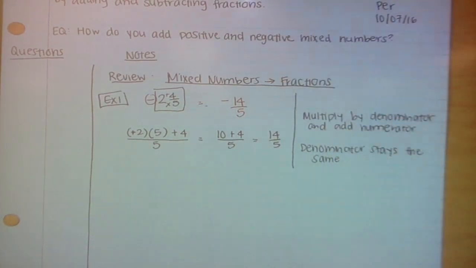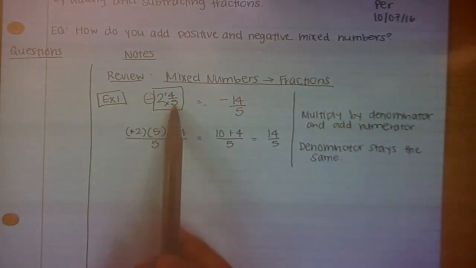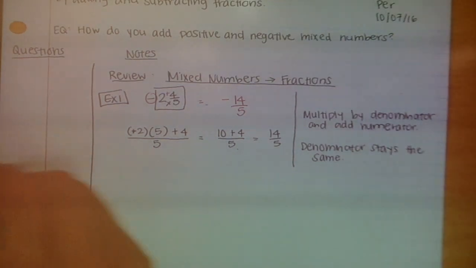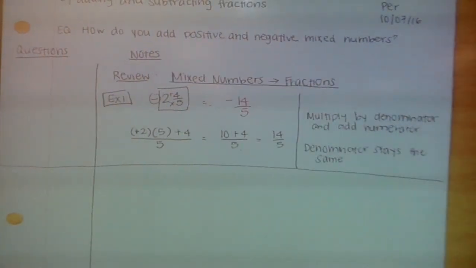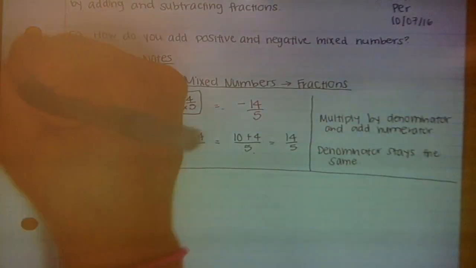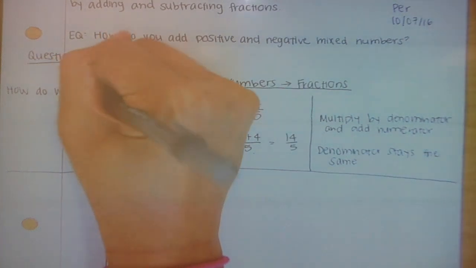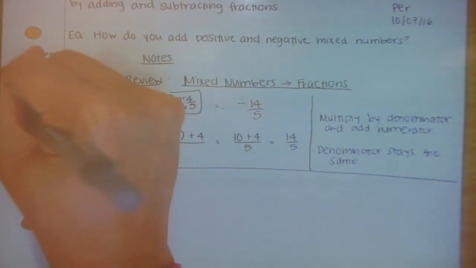So the denominator was 5 here, the denominator is still 5 here. So that's our review. And the question is, how do we change mixed numbers to fractions?